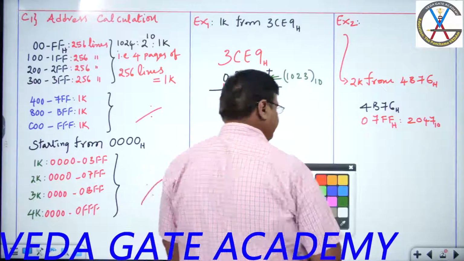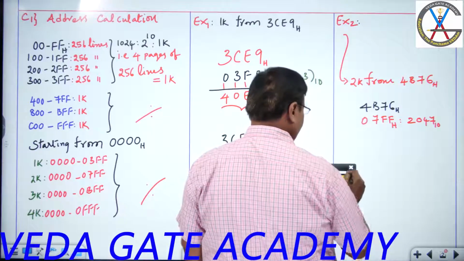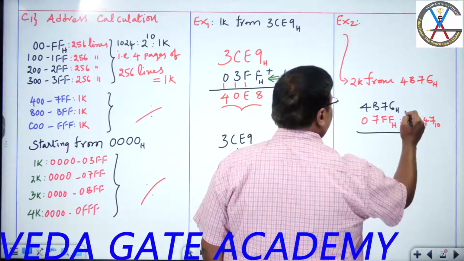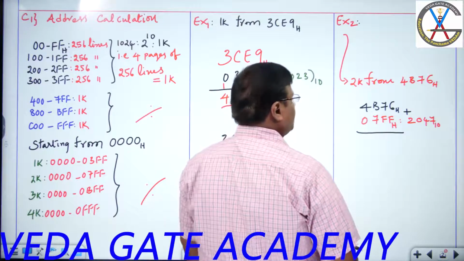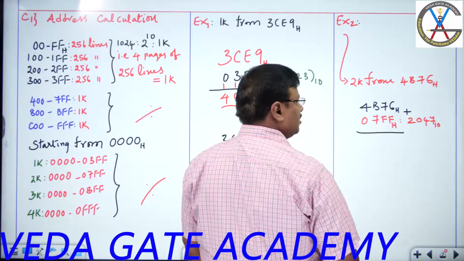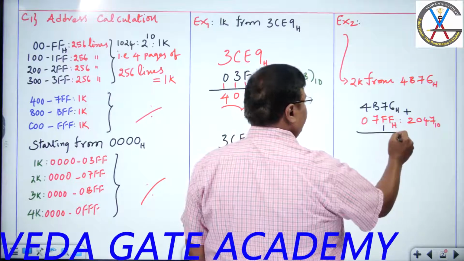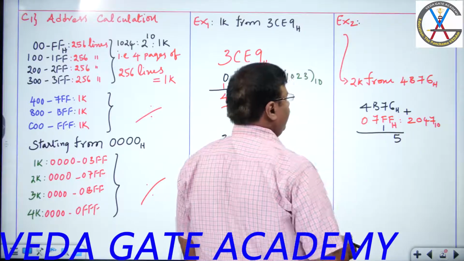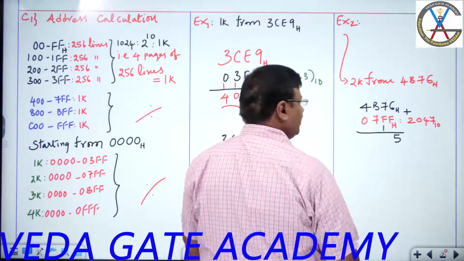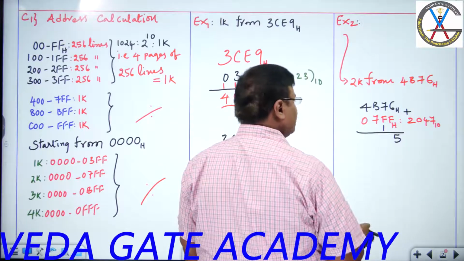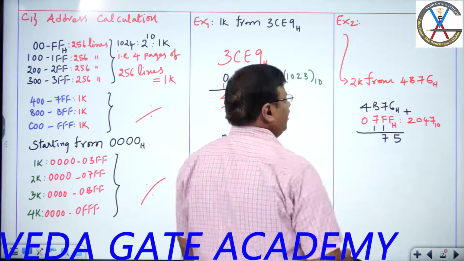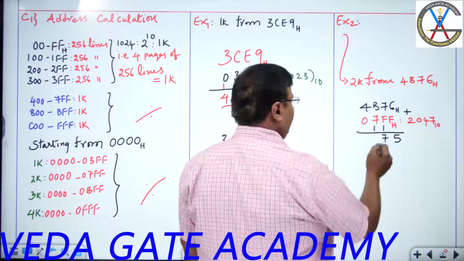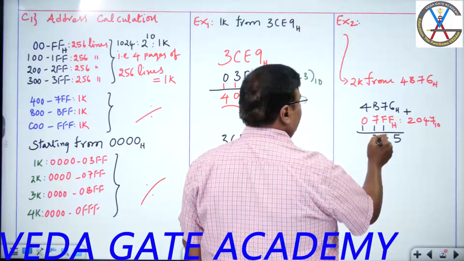So add: 6 plus F, so 15 plus 6, 21. 21 is 16 plus 5, so 1, 5. Then 7 plus F, 16 plus 7, 23. 23 is 16 plus 7 only, so 1, 7. So 8 plus B: B is 11, 11 plus 8, 19. 19 is 16 plus 3, so 1, 3.